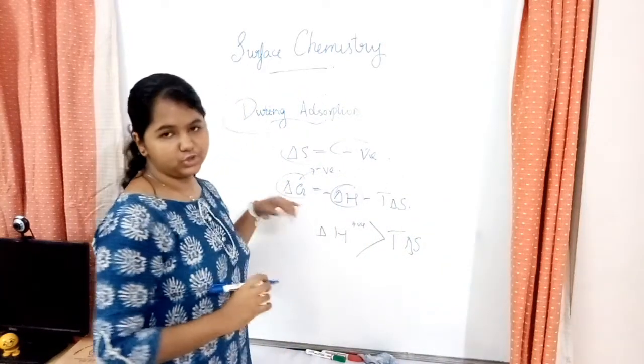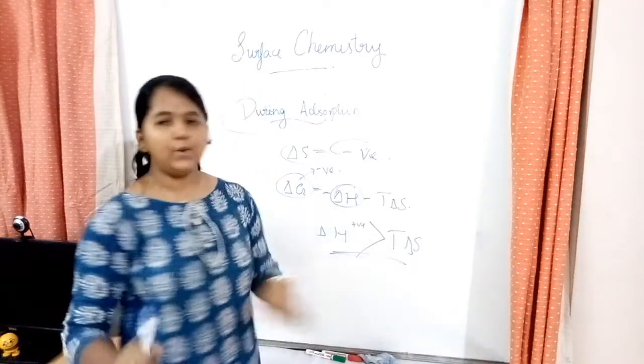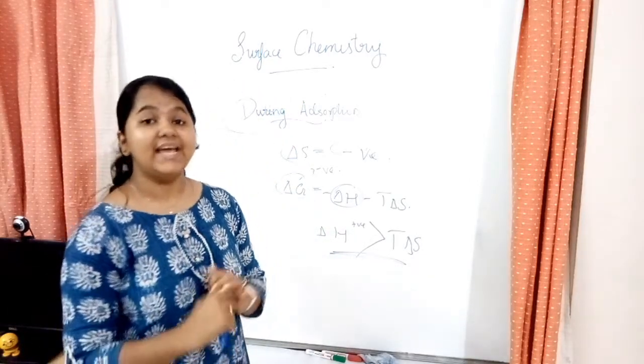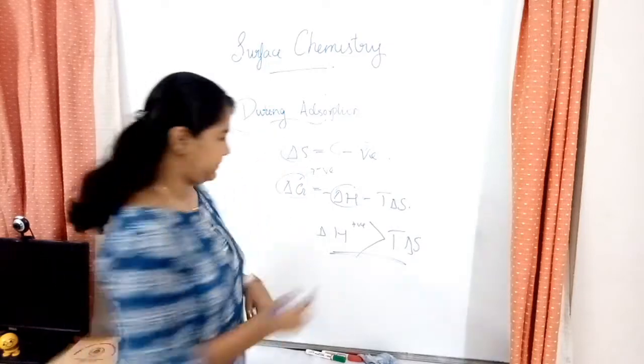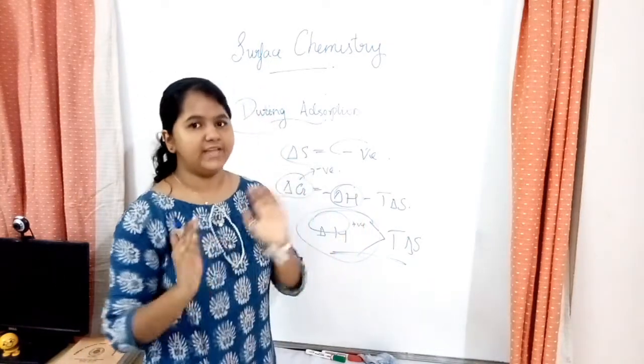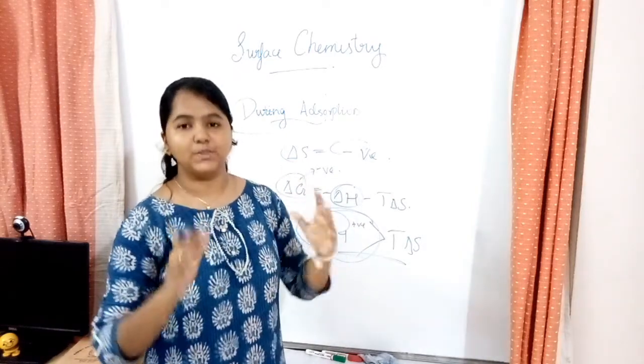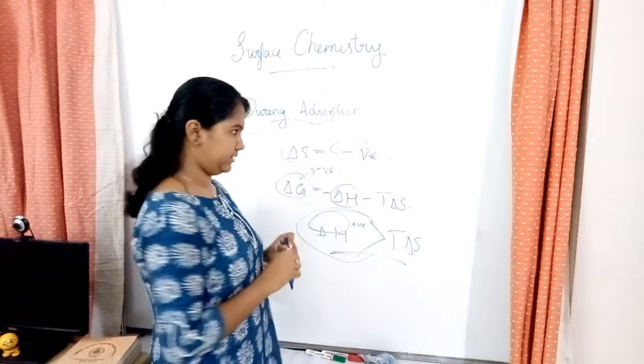For the Gibbs free energy change to be negative. So now we have to learn about something known as the adsorption enthalpy. This term is the adsorption enthalpy. Adsorption enthalpy is the amount of heat produced by 1 mole of the adsorbent.